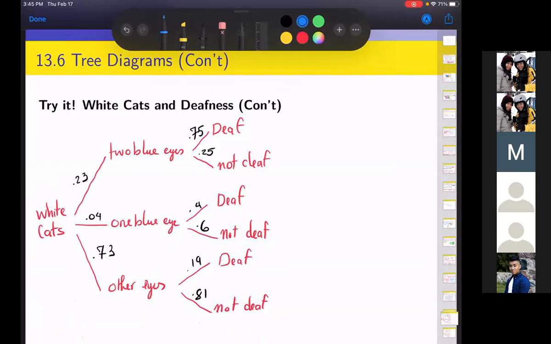All right, probability. You multiply them together. If you have the number, let me know.